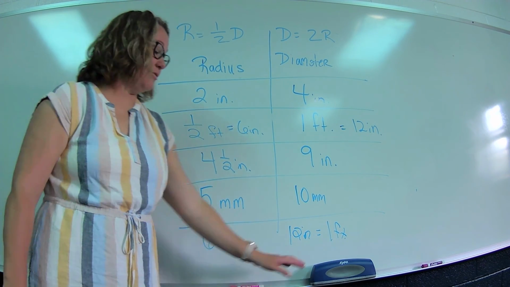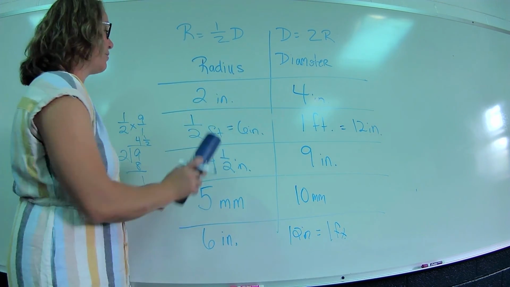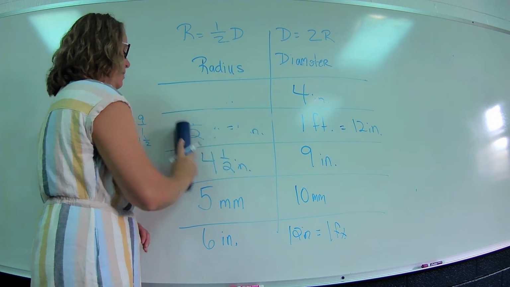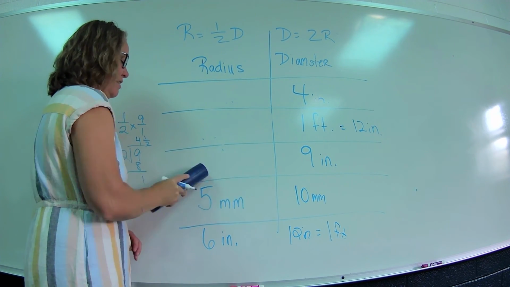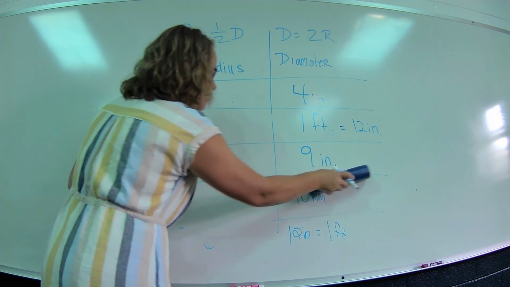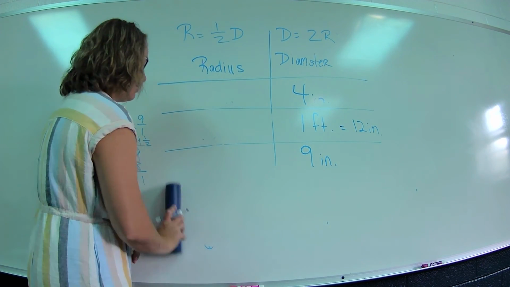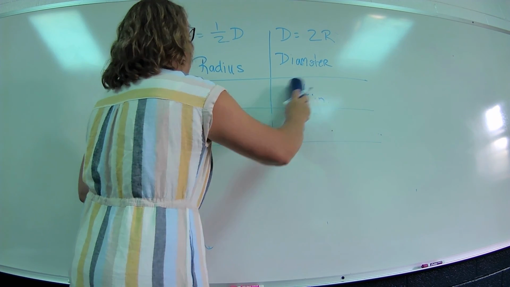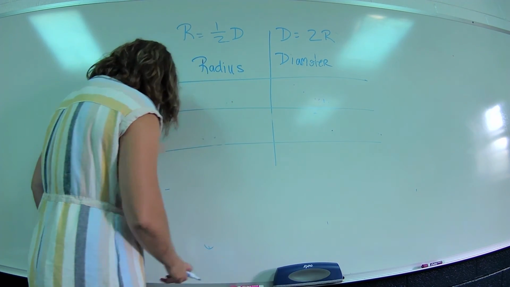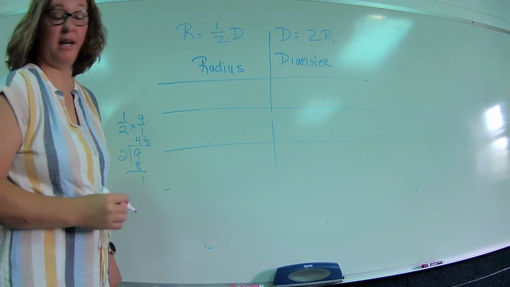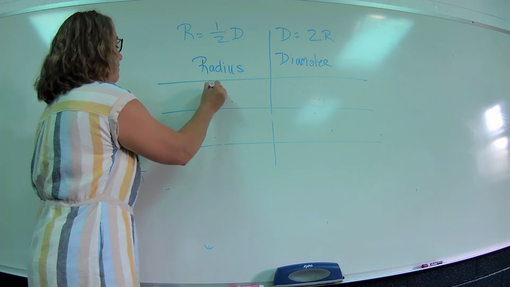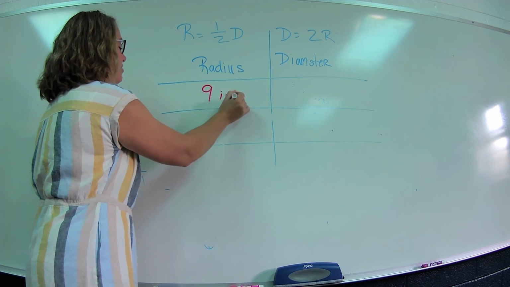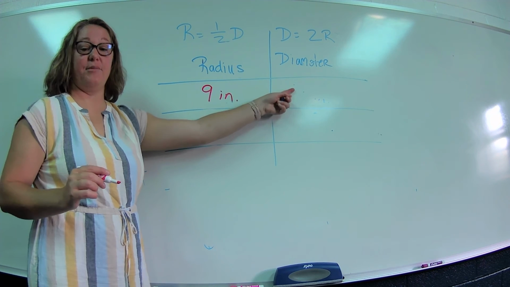All right, let me put a few more up here for you to practice. Go ahead and just erase those right there. We'll give you 3 of them to practice. If I gave you a radius of 9 inches, I want you to find the diameter.